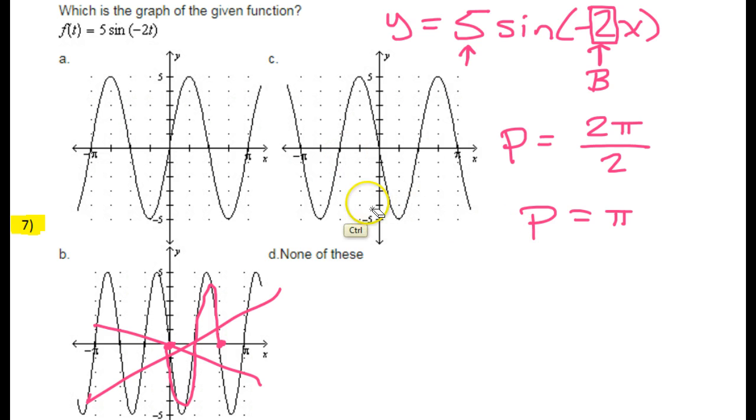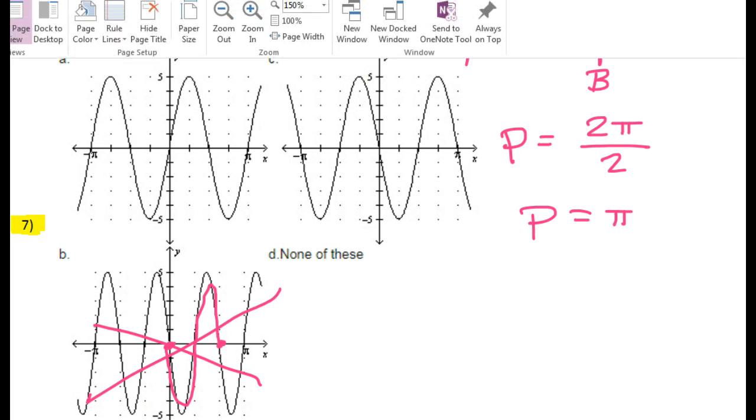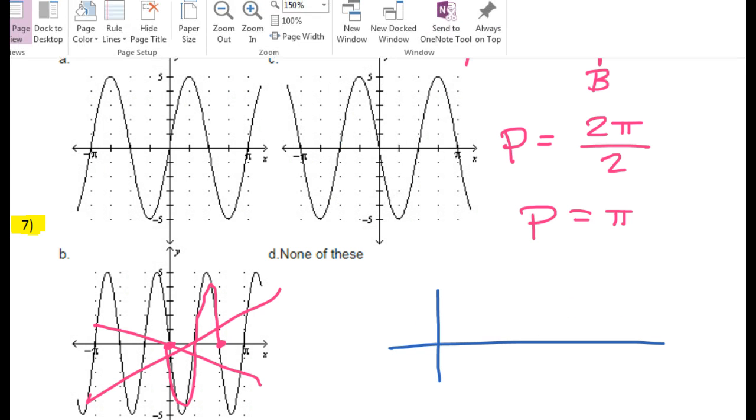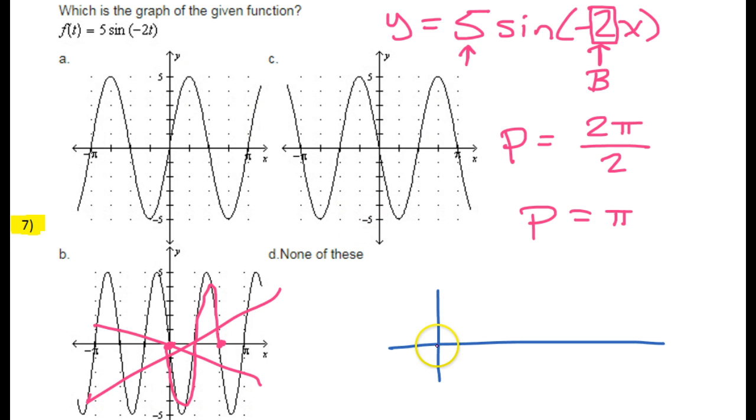Now, to narrow it down to the final answer, well, unless it's none of these, I'm going to use the fact that we have a reflection over the y-axis. So we know that when we graph the parent function of the sine function, normally it starts off at 0, 0, and it goes up and then down like that.